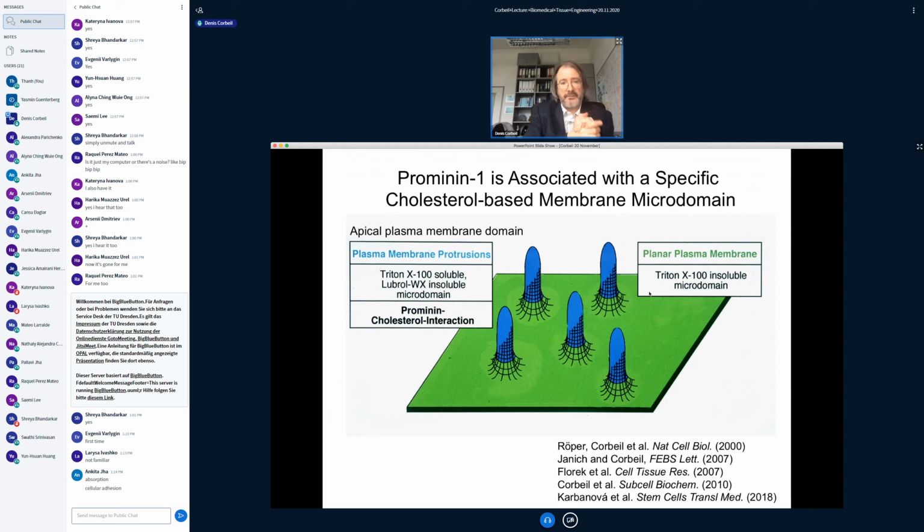And the consequence of that is big, because most people doing fluorescence microscopy, and also flow cytometry and cell sorting, will normally permeabilize the tissue with Triton X-100. So given that CD133 or prominin-1 is totally soluble even after fixation, they will conclude, when they take a cell type after permeabilization, that they are negative for this marker.